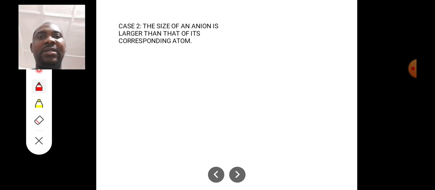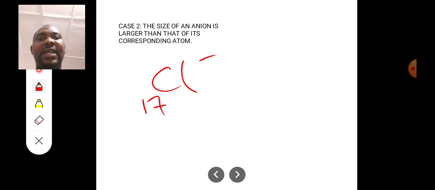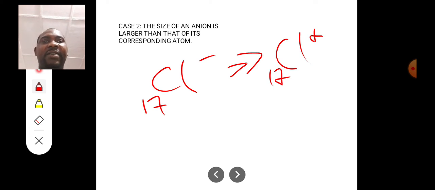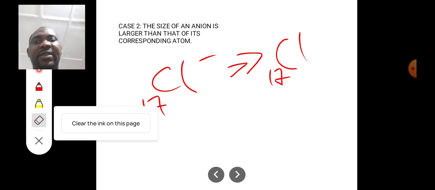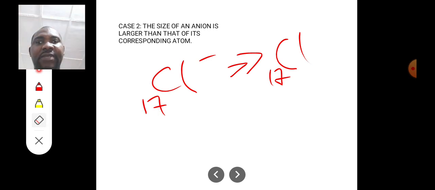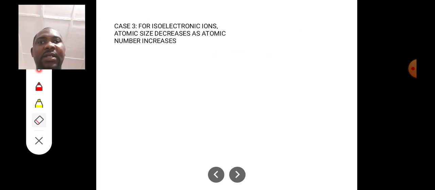So that means a chloride ion, for example, has a larger size than a chlorine atom. And this is very, very important. Okay, so we'll move to the next case, case 3.